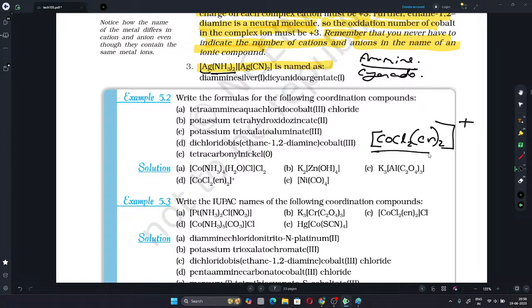This will be the formula. Next one, tetracarbonyl nickel. Tetracarbonyl nickel is also a neutral complex, Ni(CO)4. Correct.